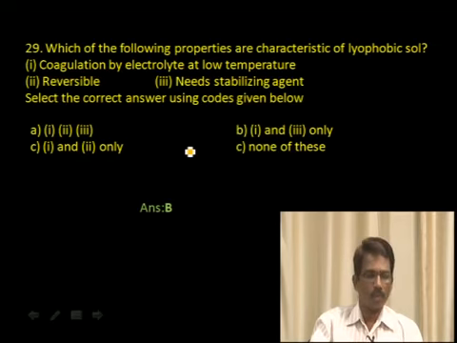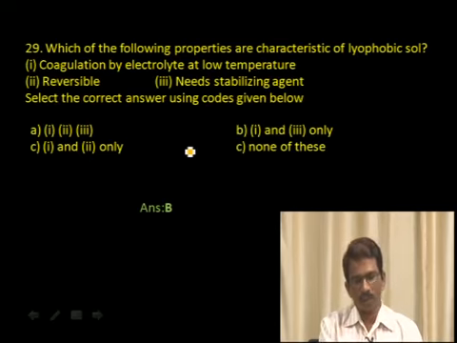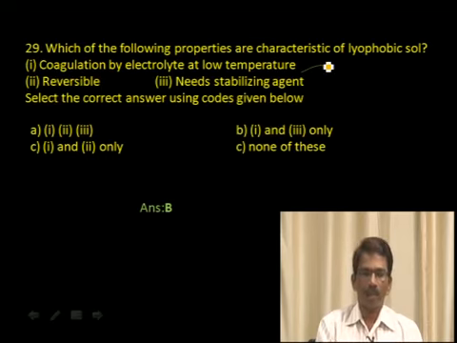So lyophobic sols are normally coagulated by electrolytes easily at low temperature. Lyophobic sols are less stable and always need a stabilizing agent. The formation of a lyophobic sol is definitely irreversible.